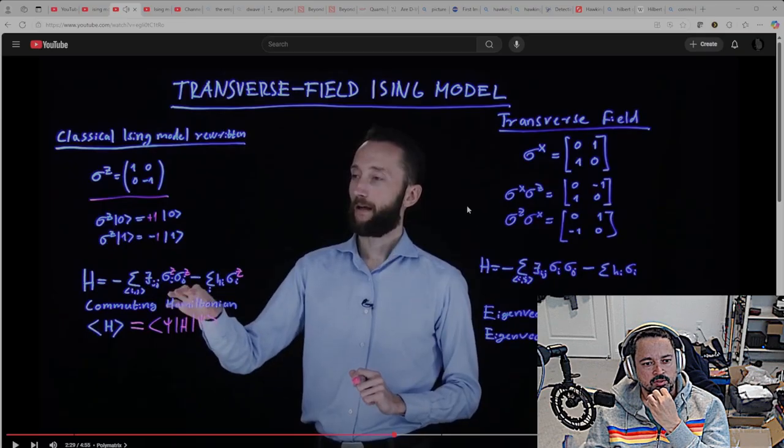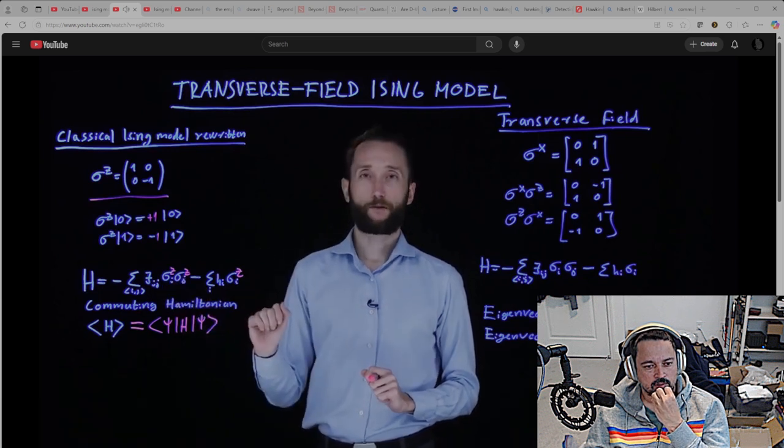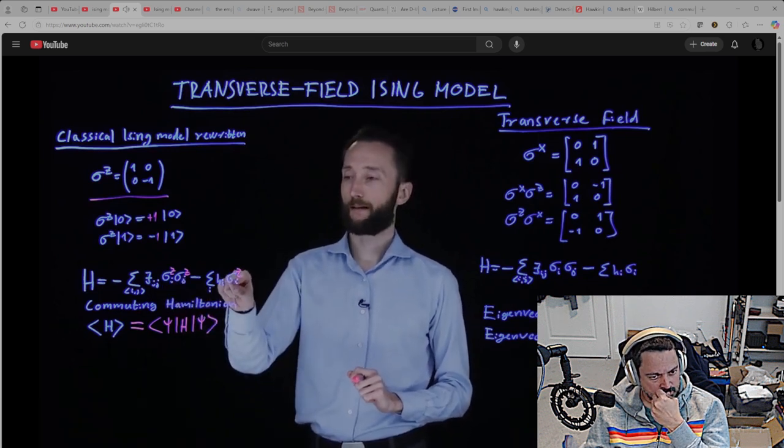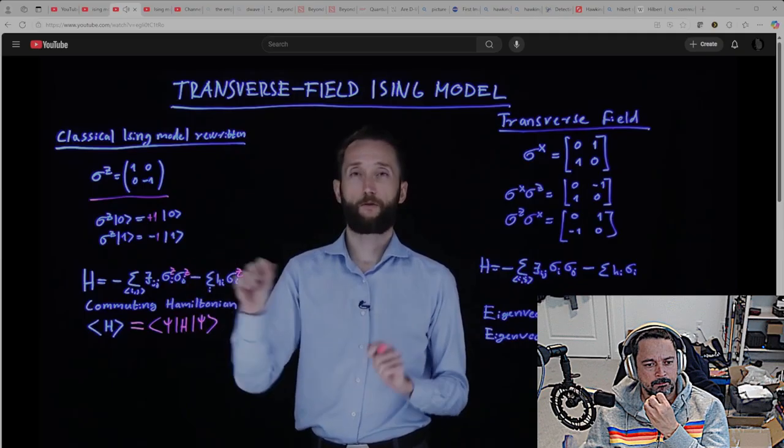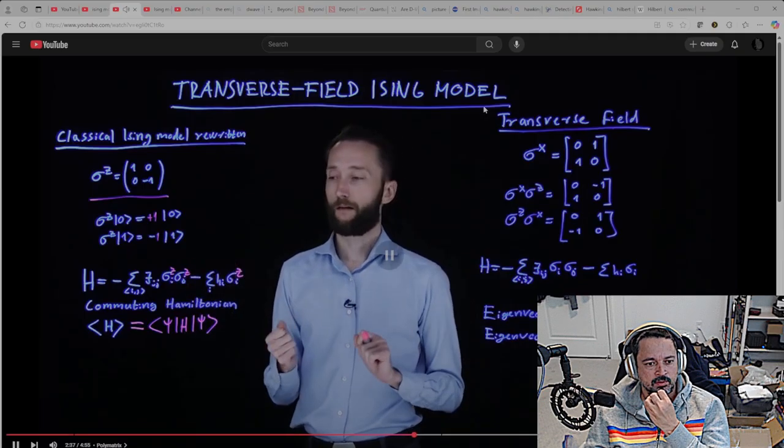So why is it called a commuting Hamiltonian? This Hamiltonian is commuting, which means that every single one of these matrices commutes with one another. Every matrix commutes with each other. So sigma z commutes with sigma z, sigma x, x z, z x, 0, 0.